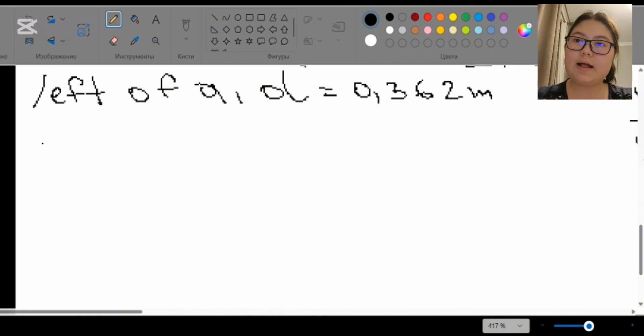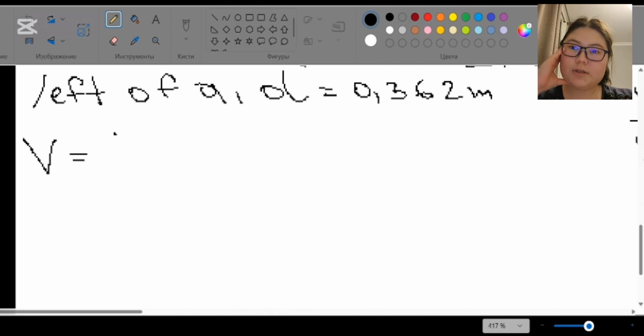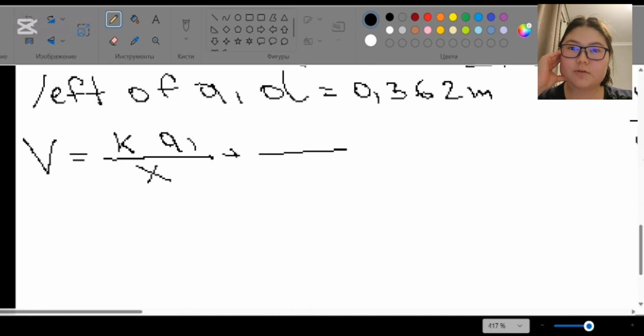Okay. Now we have the distance, so we can calculate our electric potential. Let's use the same formula and the same logic. Now we have all the numbers.